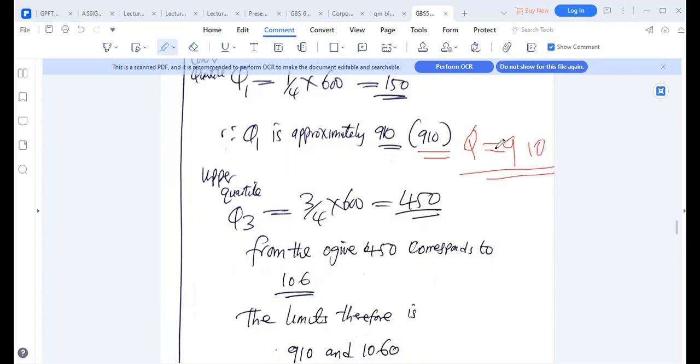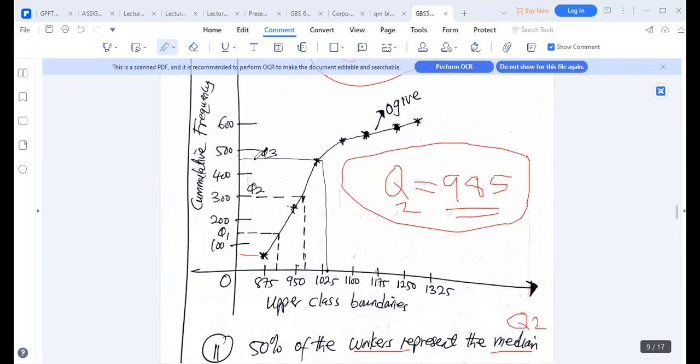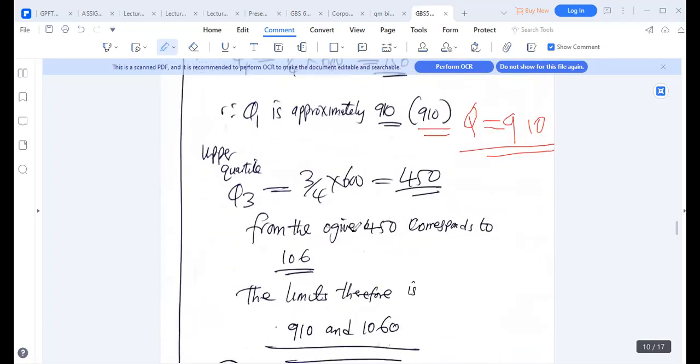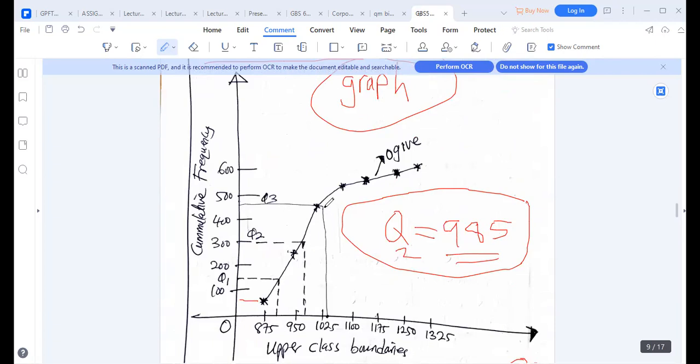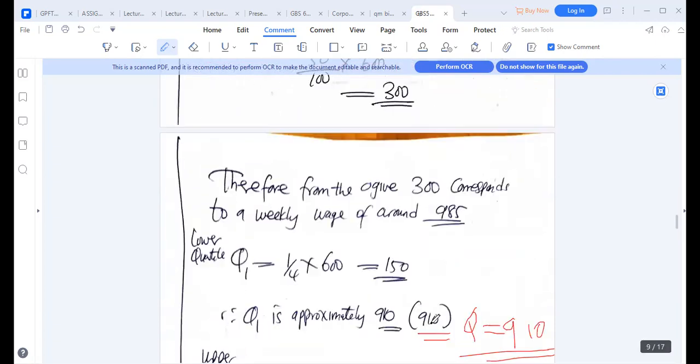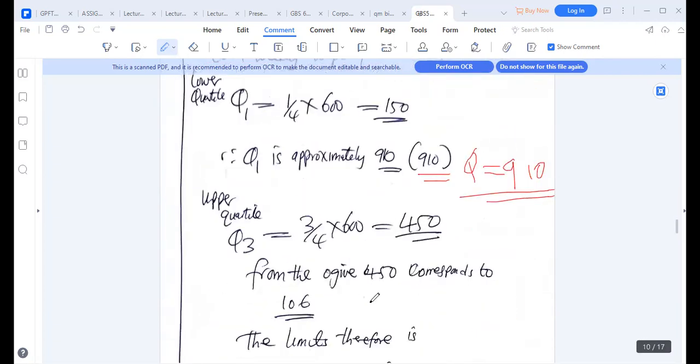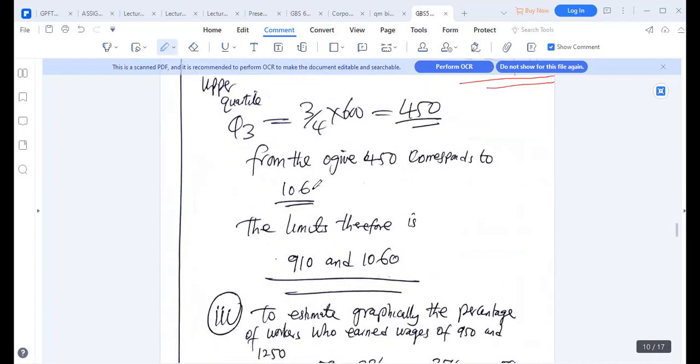Then we get into the upper quartile, which is 3/4 multiplied by 600, which is 450. So at 450 somewhere here, we draw, and approximately it gives us our upper quartile as 1,060. So our Q3 is equal to 1,060.